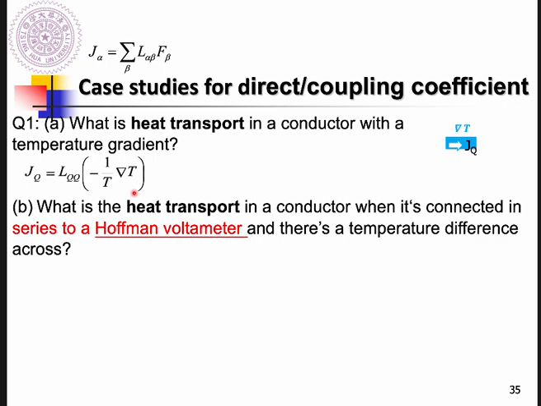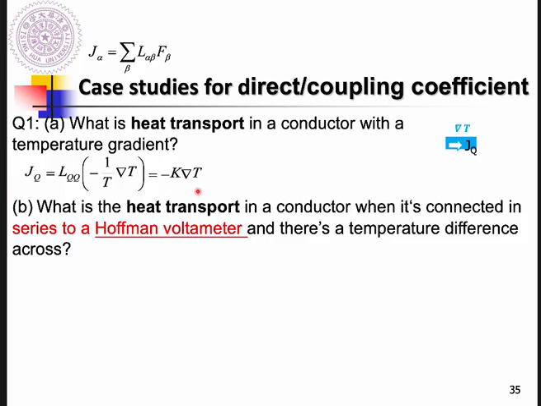But based on Fourier's law, we know that heat flux equals negative thermal conductivity times the temperature gradient. So the answer is the heat flux equals negative thermal conductivity times temperature gradient.